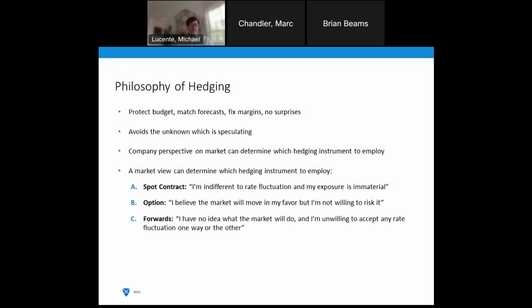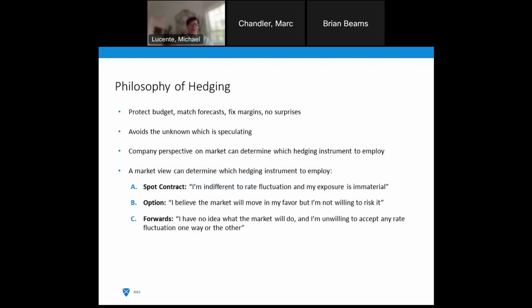So a spot contract is simply, hey, I'm going to take whatever the market gives me on whatever day I execute. Options: the foreign exchange market, as Mark mentioned, is extremely liquid, very high volume. Anything you can do in the equity markets, you can do in the exchange rate markets.